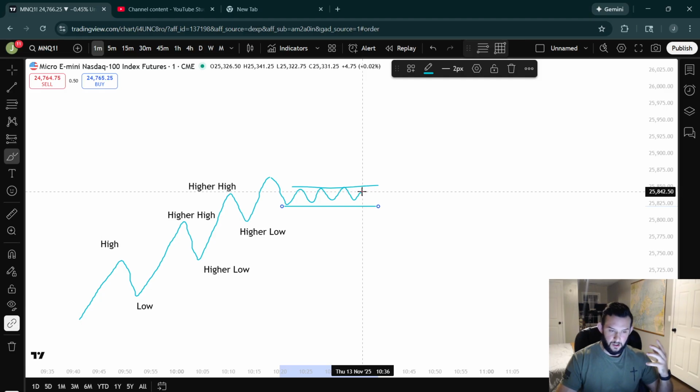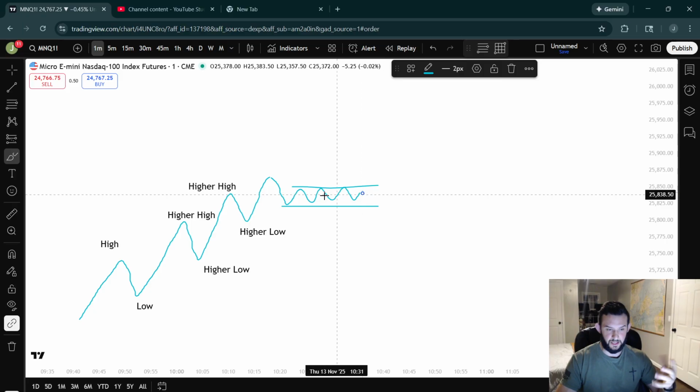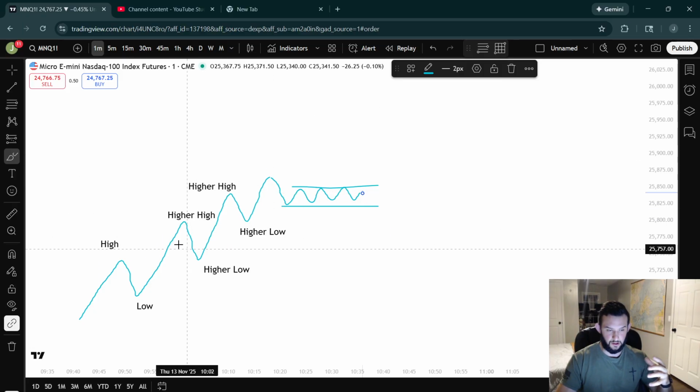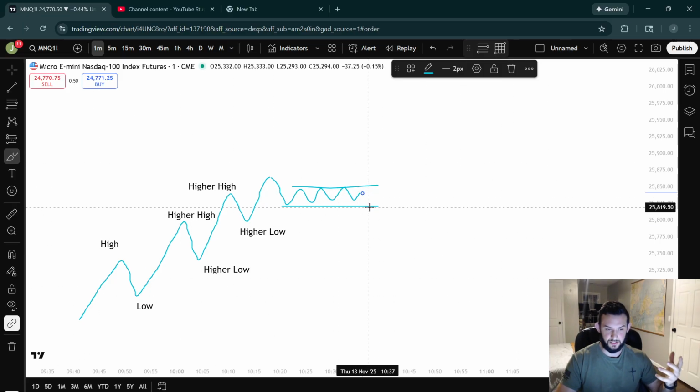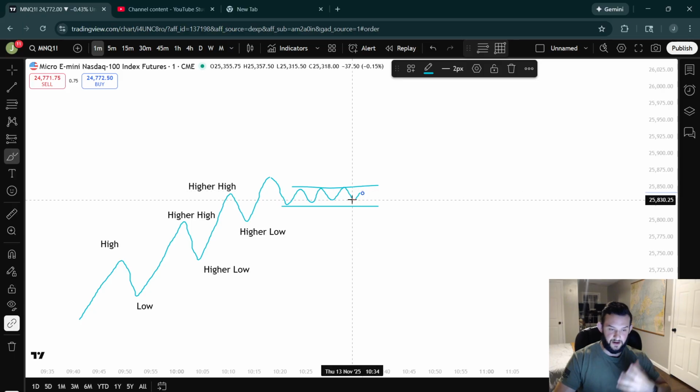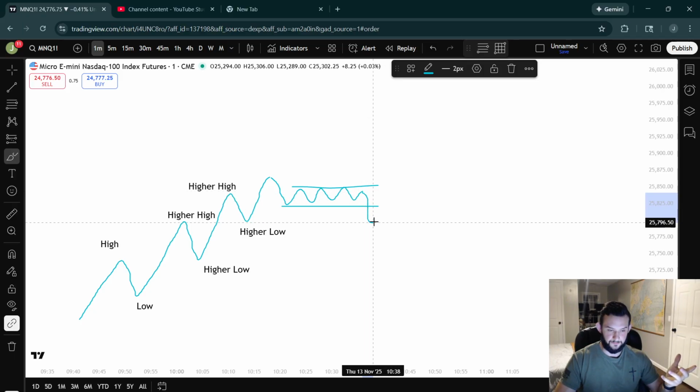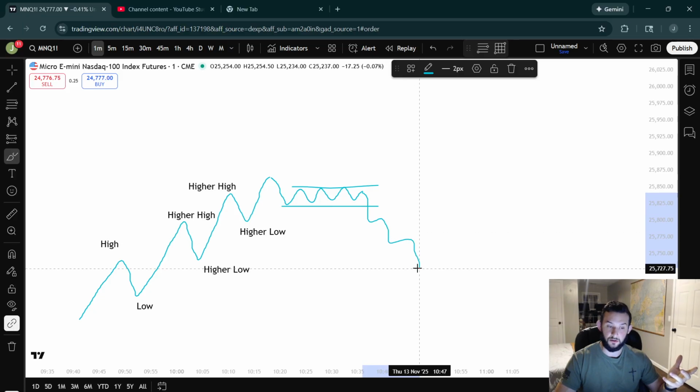So break of structure is when, like I said, you're breaking an uptrend or a downtrend. Let's say, for example, we're going into a downtrend, making lower highs and lower lows.